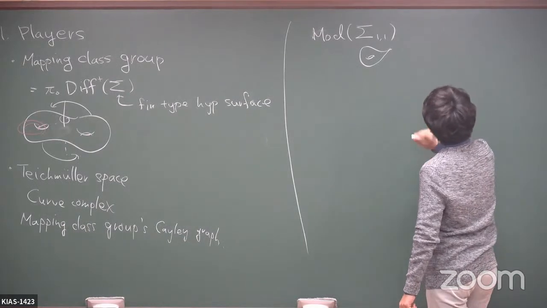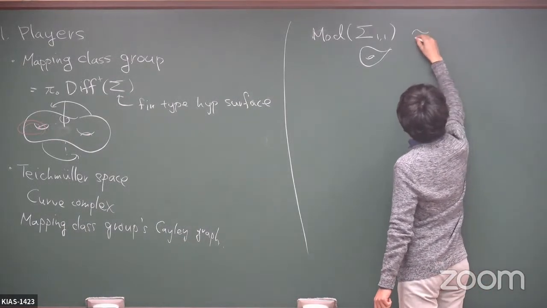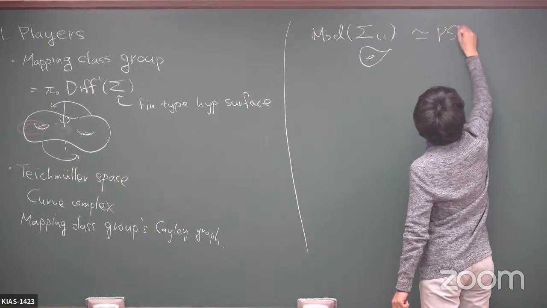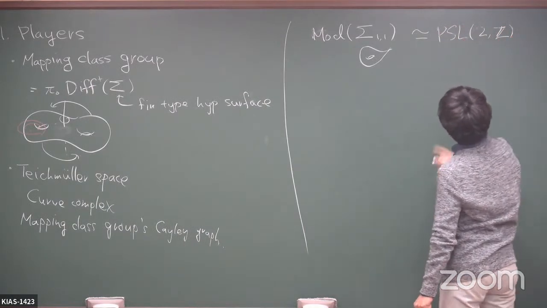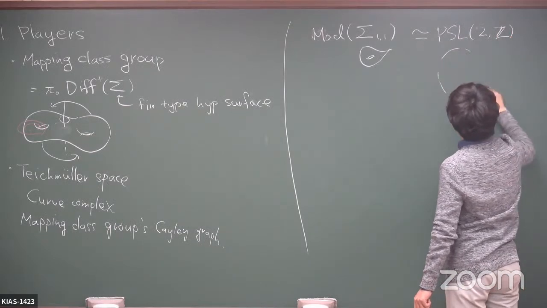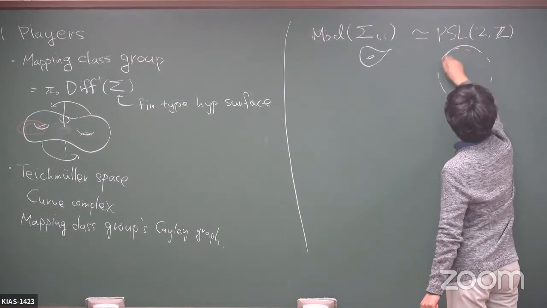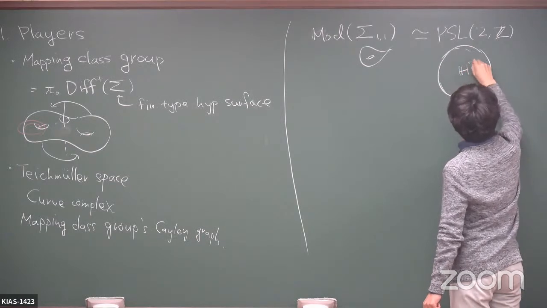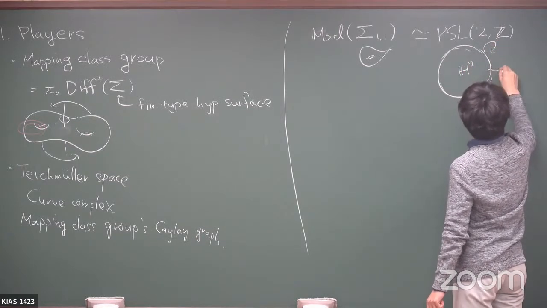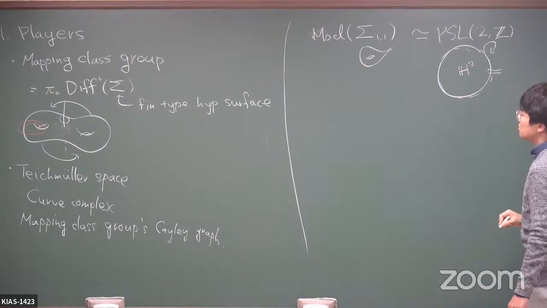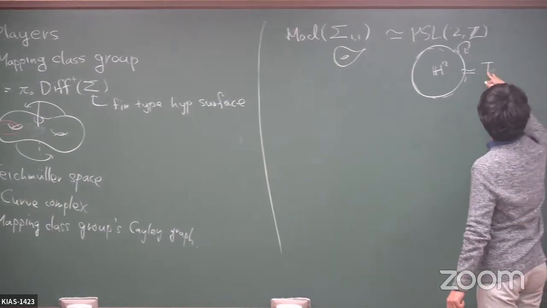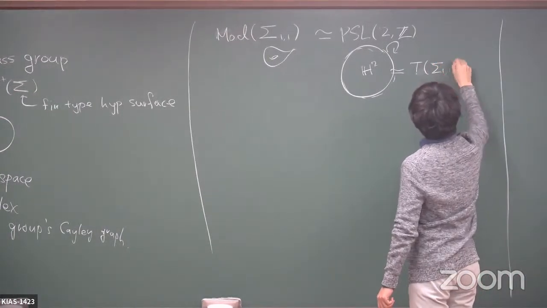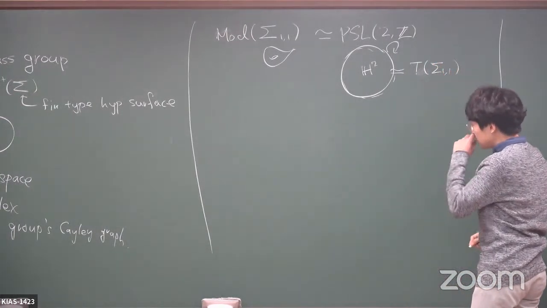This mapping class group is more or less like PSL2(Z), and we all know that it acts on the hyperbolic plane. And this is indeed isometric to the Teichmüller space of the surface.